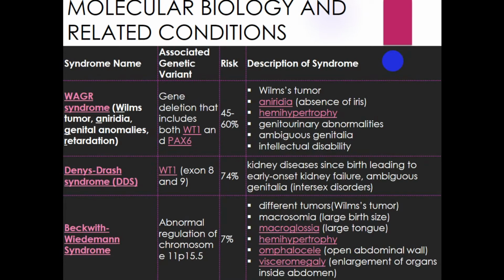Different tumors, also Wilms' tumor, macrosomia, so the baby commonly can have a large birth size, macroglossia, hypertrophy. Also, omphalocele, when the person's internal organs are open and outside the body in something like a sac. Visceromegaly, so these organs are enlarged.